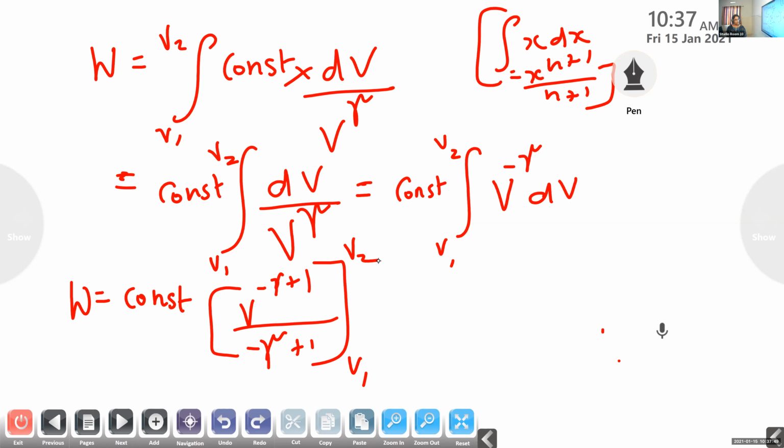Instead of taking log, we can solve this equation this way also. Please write carefully because of these different terms of minus and gamma.